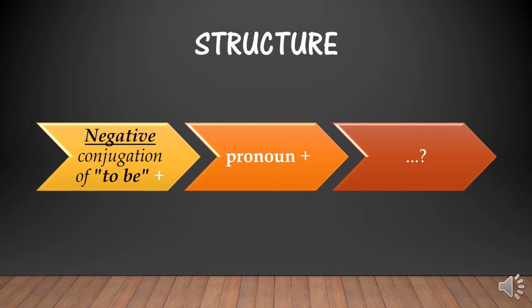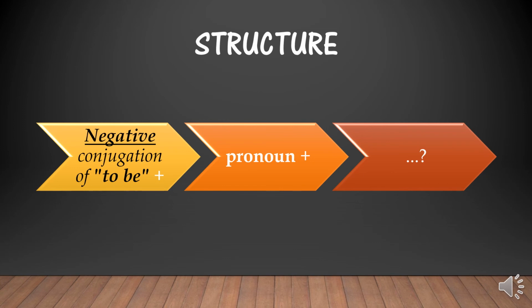Remember that it's the negative one. When you ask it in the negative, then it's expecting a positive response. That doesn't mean that you'll get a positive response, but that is what you are expecting. The answer to be yes. So you have the negative conjugation of the verb to be, then you have the pronoun, and then you have the rest of the question.